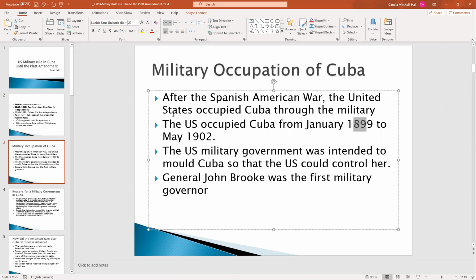They appointed an army general by the name of John Brooke, and he was appointed as the first military governor of Cuba.